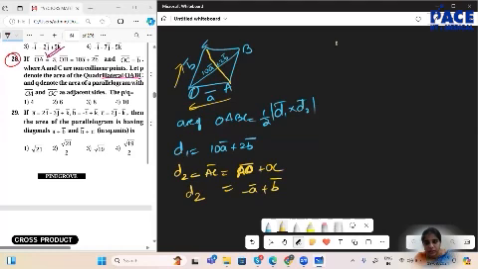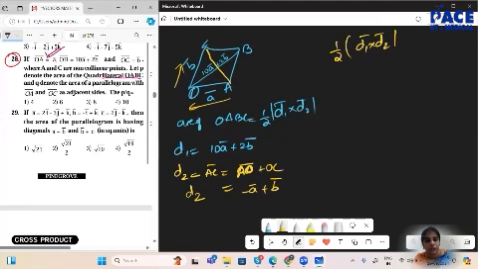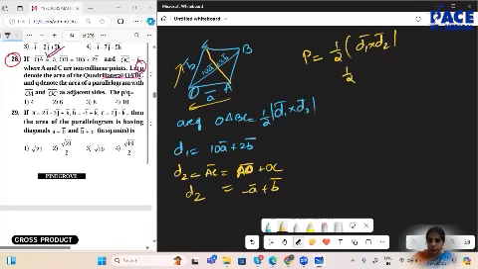Now this half D1 cross D2 is the area of the quadrilateral. Let P be that. So P is half into D1, which is 10A plus 2B, cross D2, which is minus A plus B. Take the cross product carefully.